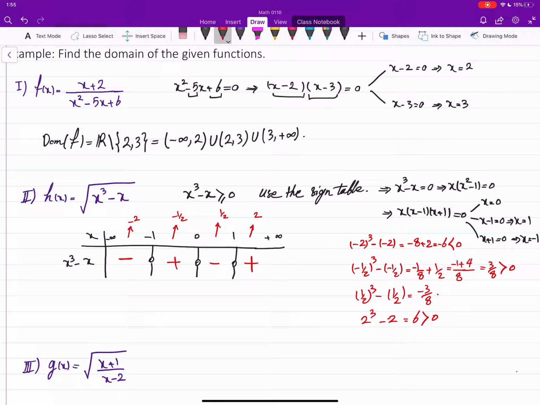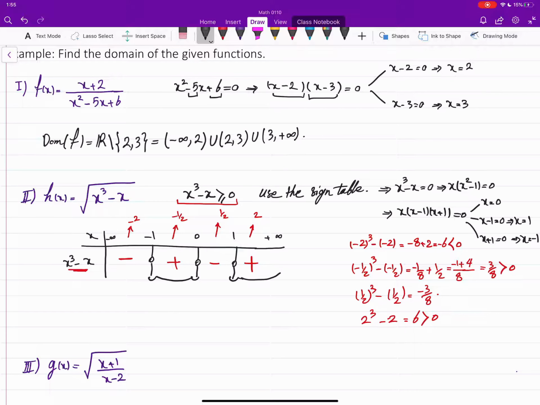Well, okay, so we found the sign table, but what we are interested in are the parts which make x cubed minus x bigger than or equal to 0. It means the positive parts and where it equals 0. Should I include 0? Yes, it is equal to 0 here, here, and here.